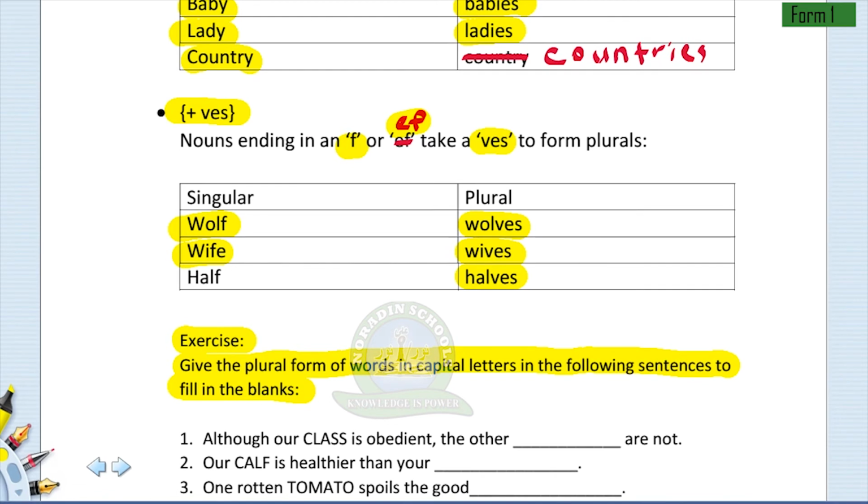One: Although our class is obedient, the other dash are not. Now you have to fill this empty space. You have about 10 seconds before I give you the answer.